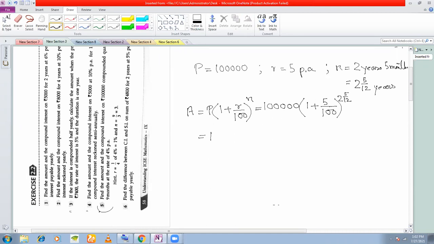Now what do I do with this? First of all, see, this under the bracket that you see is the base, isn't it, of the exponent, of the index, and this is the power. So you can write the power as 2 plus 5 by 12. Yes, you can write.